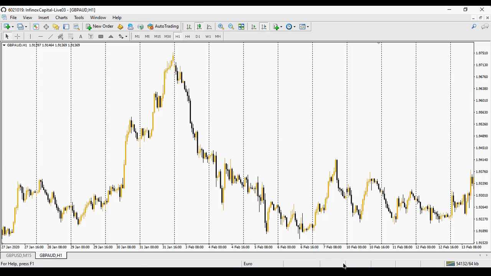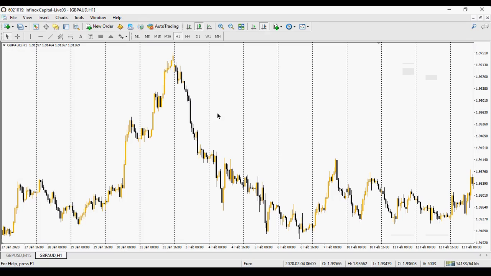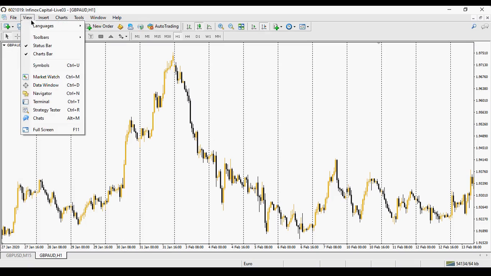So we talked about the MACD, we talked about the RSI, the stochastic, and the parabolic SAR. Okay, and everything is default in the MT4.